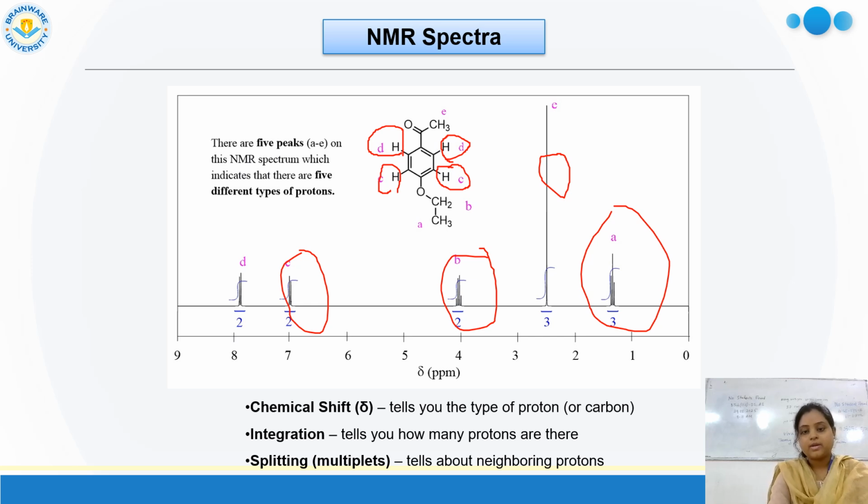So now just have a look at how an NMR spectra looks like. There are some lines, and one line may be split into several lines, and the chemical shift delta unit is ppm, parts per million.